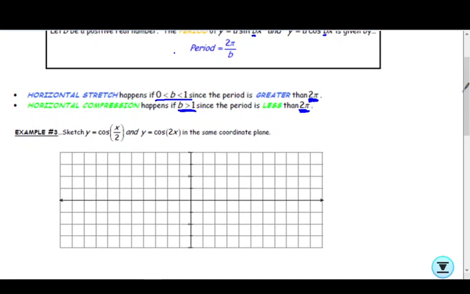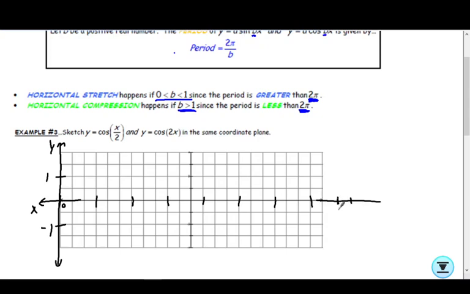So I've got my y-axis right here. This is the y-axis, this is 1, this is -1, and this is my x-axis, 0, and I'm going to count off every 3 will be pi over 2.